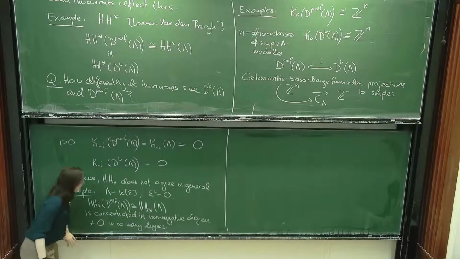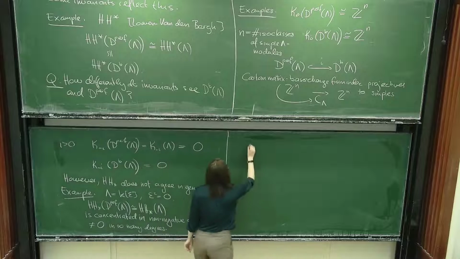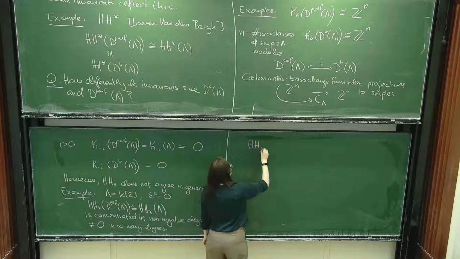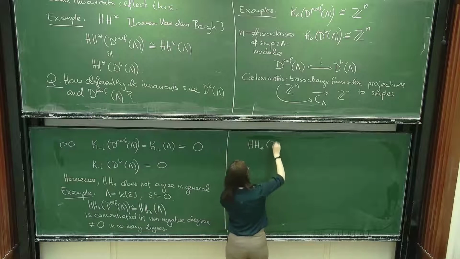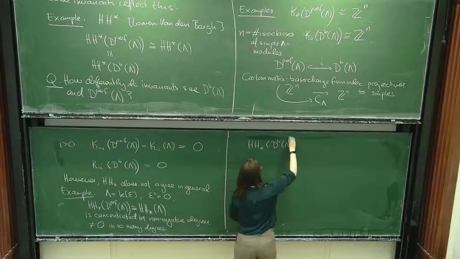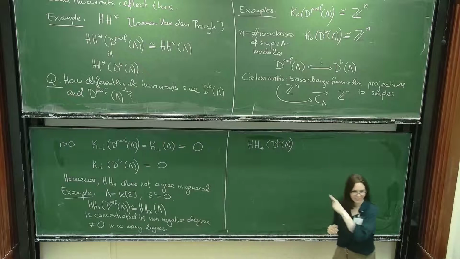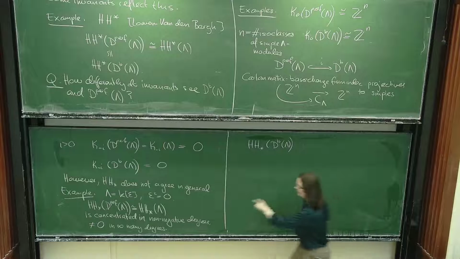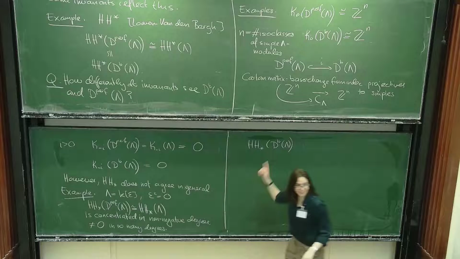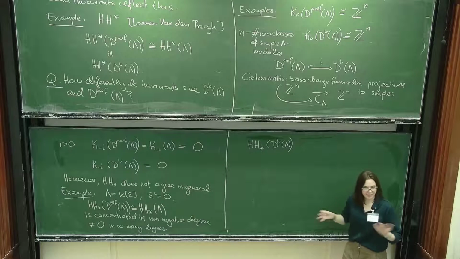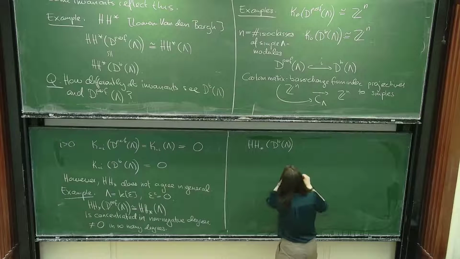Now, on the other hand, if we look at Hausdorff homology of dB lambda, then one can actually show that this is just dual to that side. So that thing is now going to be concentrated in non-positive degrees.